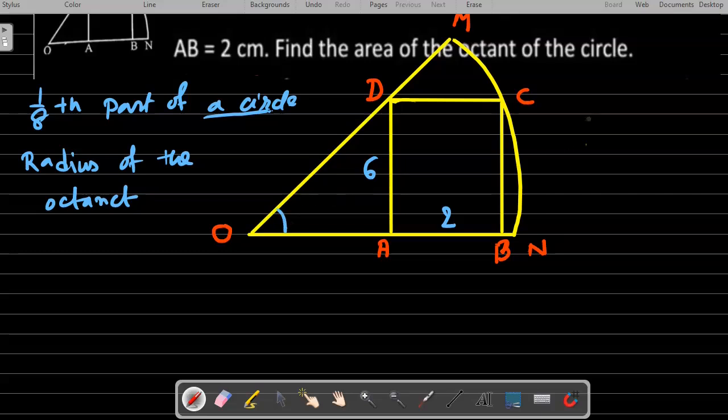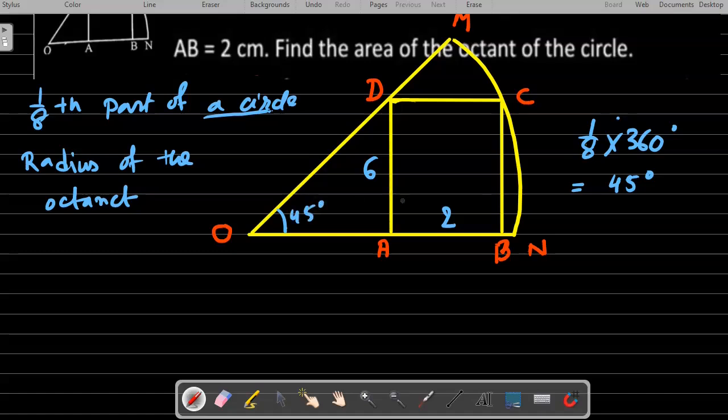This angle theta is 1/8 into 360 degree, because a full circle has angle 360 degree. Since this is the 1/8 part, it is 1/8 into 360 degree, that is 45 degree.